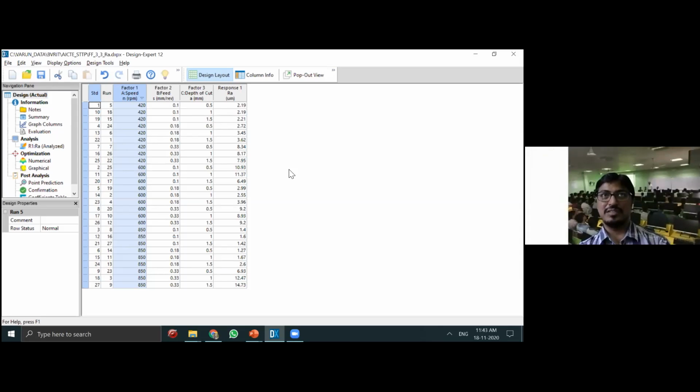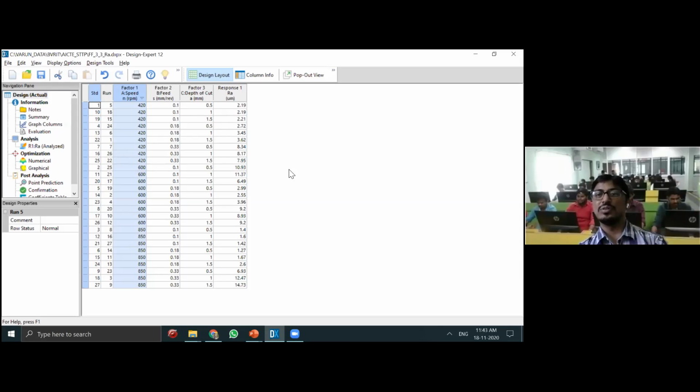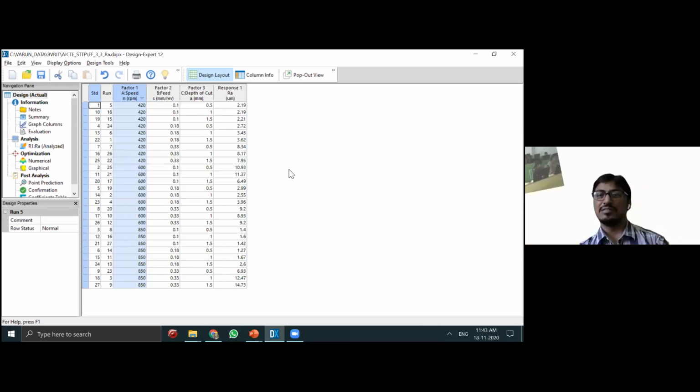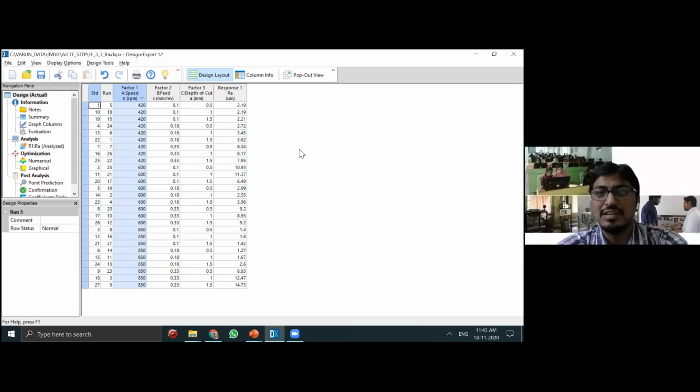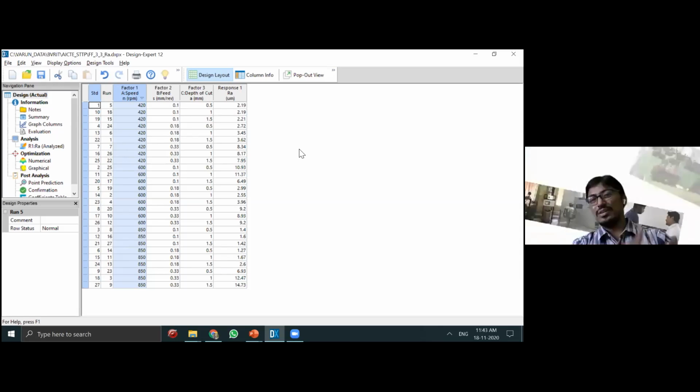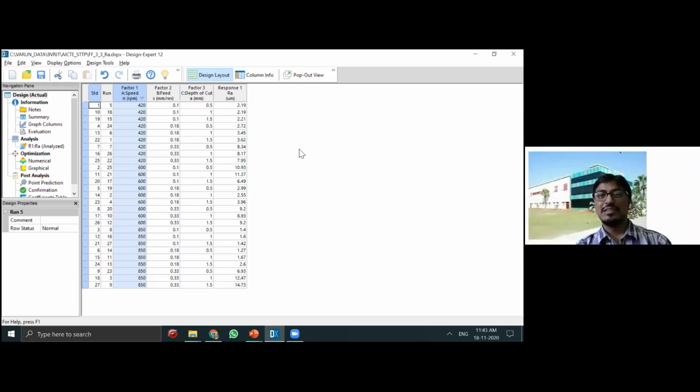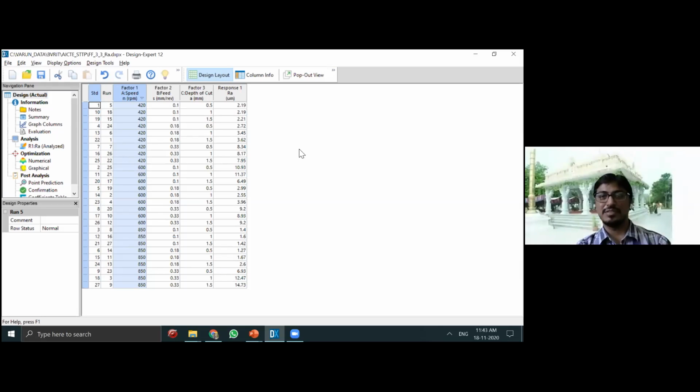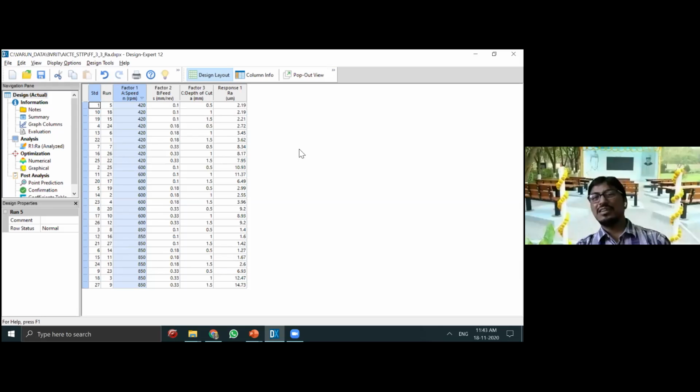For practice purposes, I recommend that participants select any of the journal papers from the website which are suitable for that particular design. This data is from a journal paper, so you can use it and practice anytime in your free time.